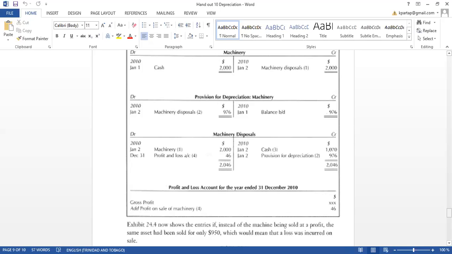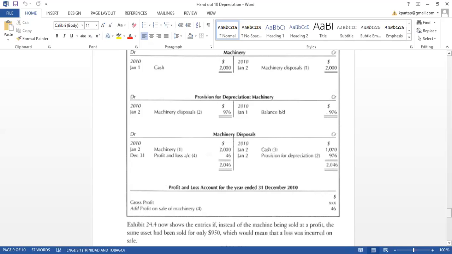So look at it here again. Machinery disposal, when we're balancing off the account now, we needed $46 extra on the debit side of the machinery disposal account. That $46 extra is being transferred to your profit and loss account. When it is transferred to your profit and loss account, it will be credited, meaning added to your profit and loss, right?